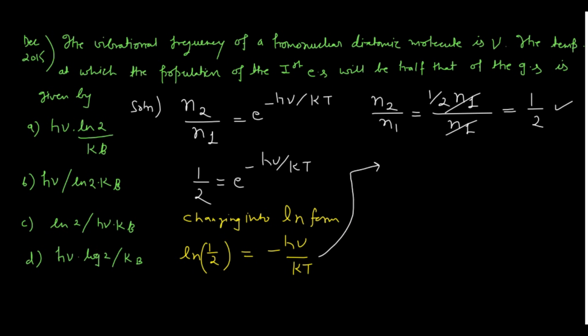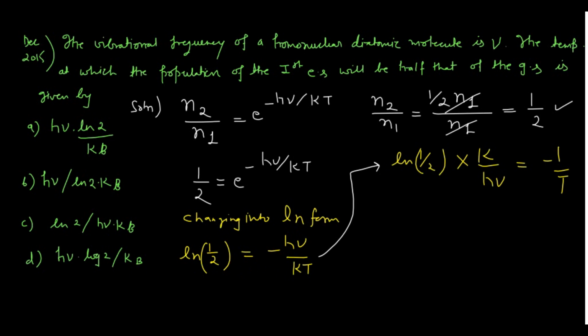I am writing here: log of 1 by 2 multiplied by k over h nu equals negative of 1 by T. What I did was shift h nu and k from here to here, so k will go up and h nu will come down. This is general mathematics. Then because I need T, I will reciprocate.